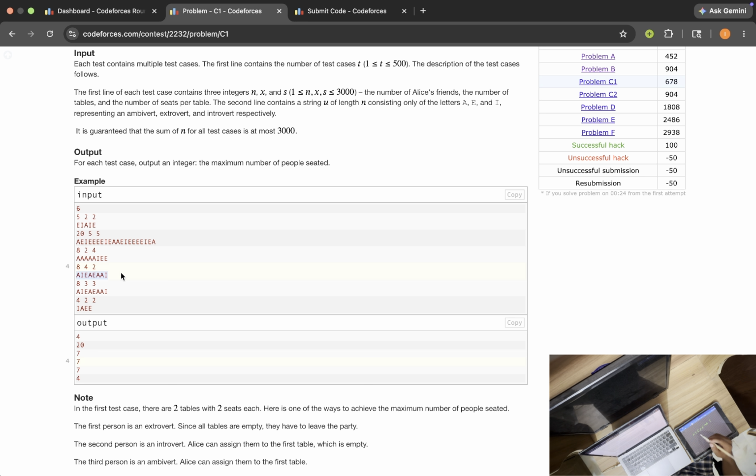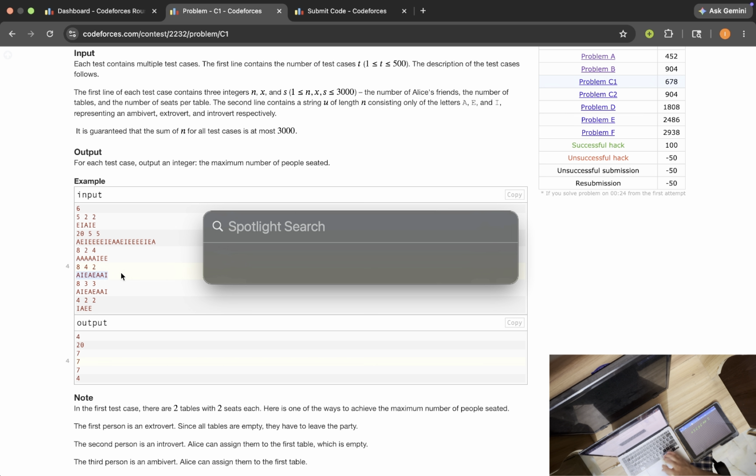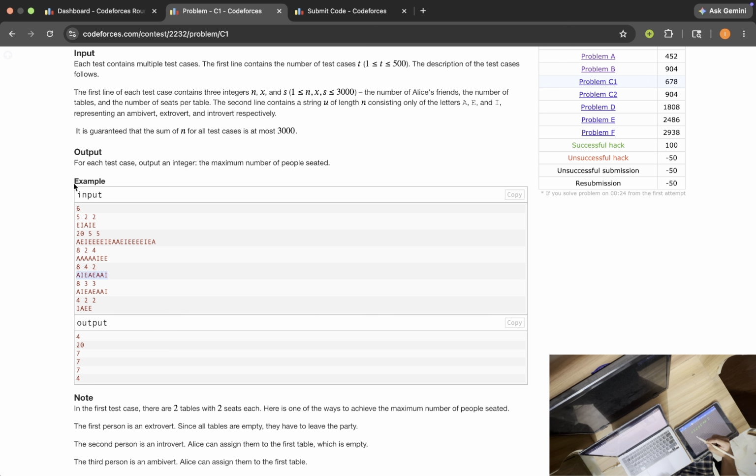I need one variable, the number of occupied tables, then the number of... I also need the counter, actually 3000. 3000 into 3000. 3000 cubed is what? It's too much.